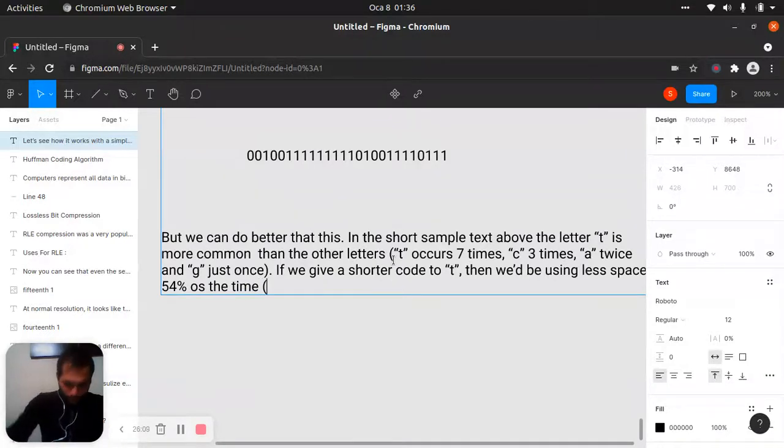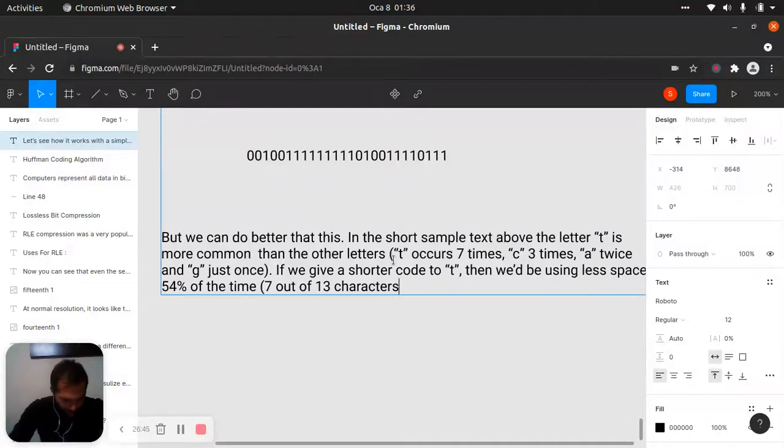So let's say 7 out of 13 characters. Using less space, it's 54% of the characters, 7 out of 13. So let's do it. We can represent with the 7, not with the 13.